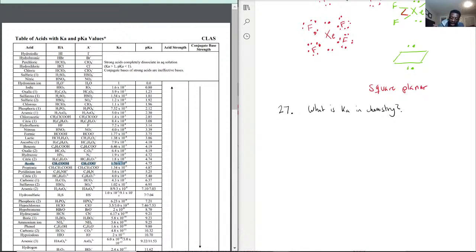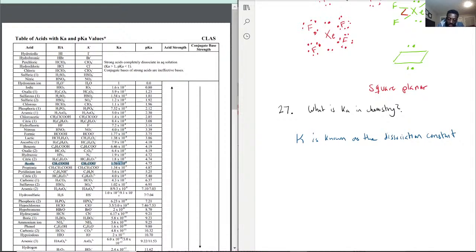So, K, just by itself, is known as the dissociation constant, okay?